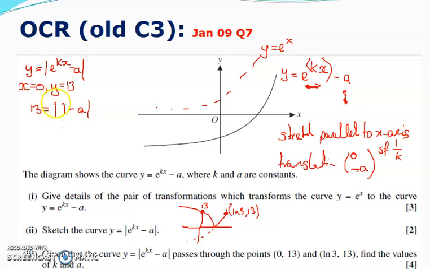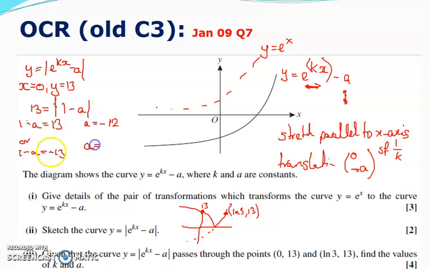And that's a modulus sign. So therefore, 1 minus a equals 13, or 1 minus a equals minus 13. If this is true, then a would have to equal 1 minus a, minus 12. That would do the job.